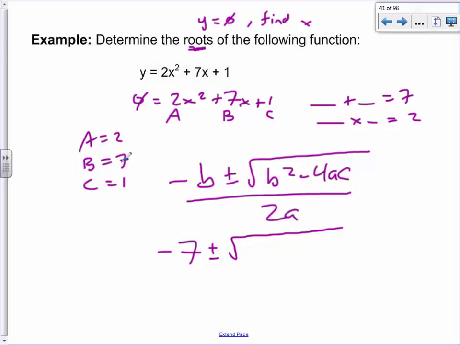Since b was 7, I'll plug in 7 squared. Then we have to minus 4. Directly next to the 4, we have to times by whatever a is, and since a is the first term, it's 2. And then right after that, we actually have to times by whatever c is, and since c is our last number, that'll be a 1.